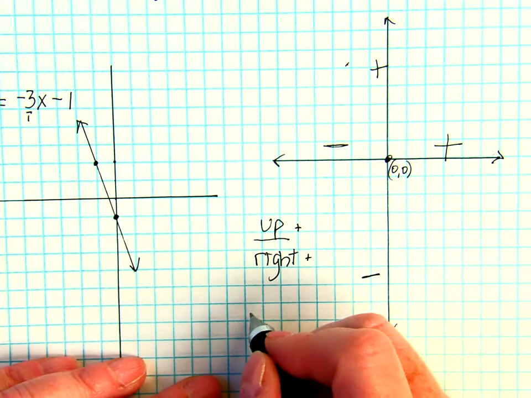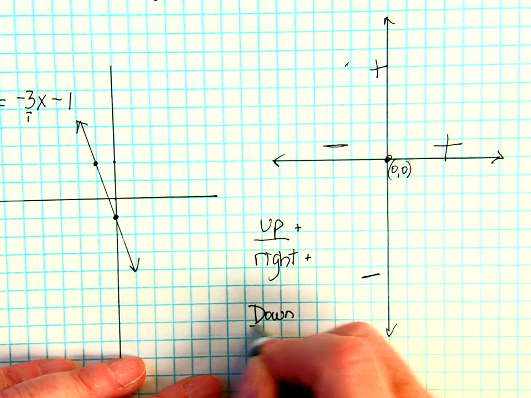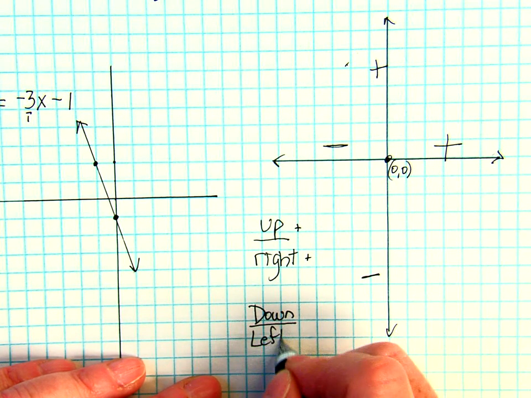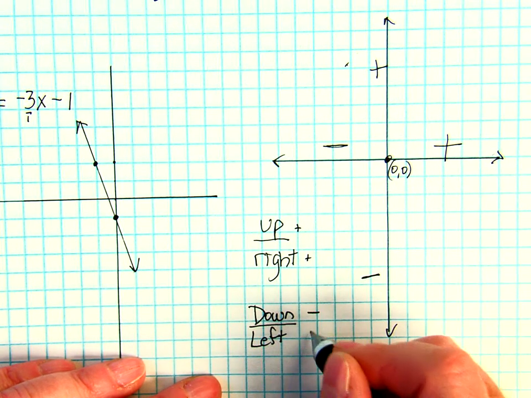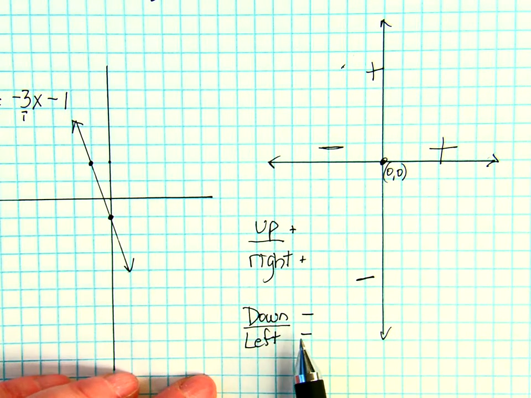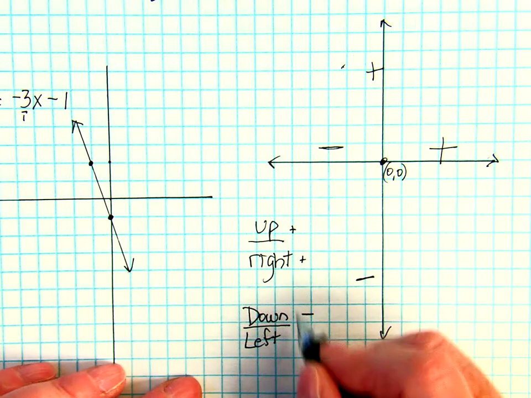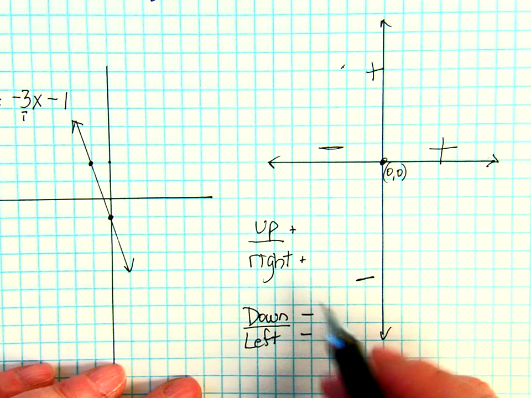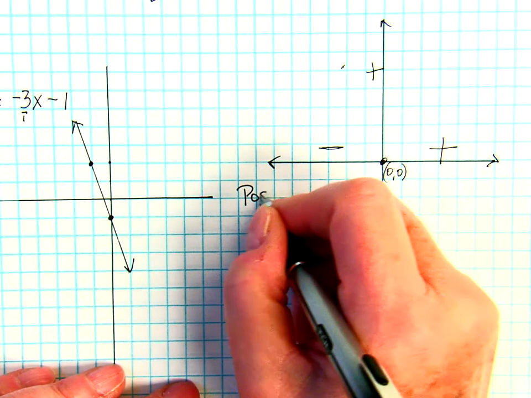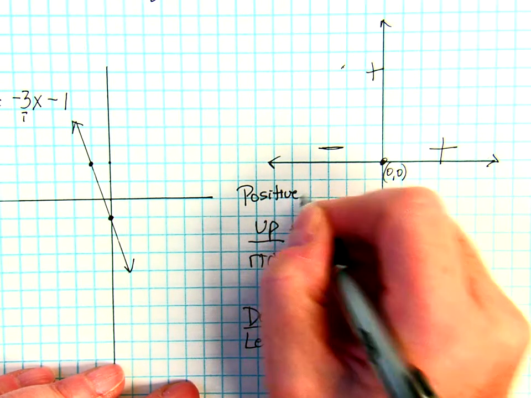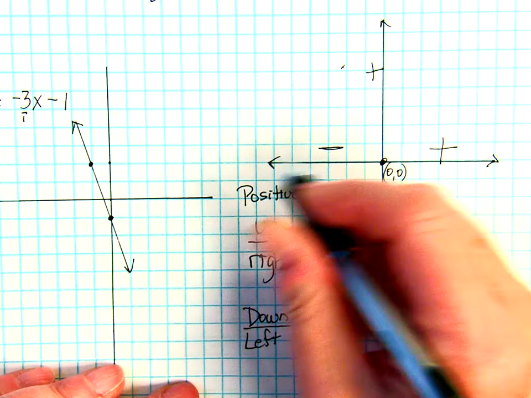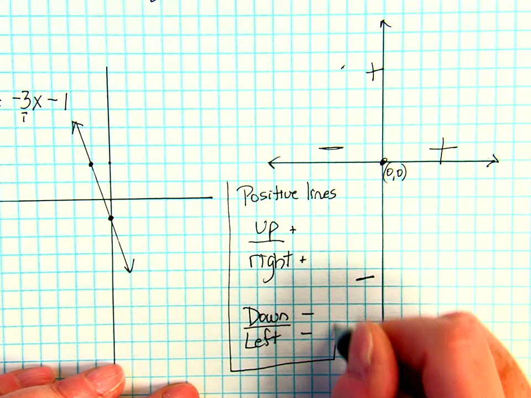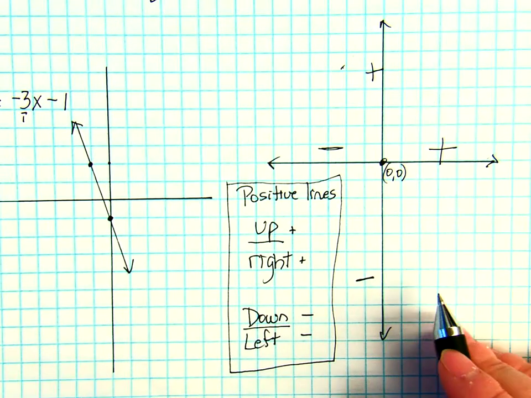Or we can go down and we can go left, because down is negative and left is negative. So remember, a negative divided by a negative is equal to a positive, and a positive divided by a positive is also positive. So these are positive lines working with our slopes.